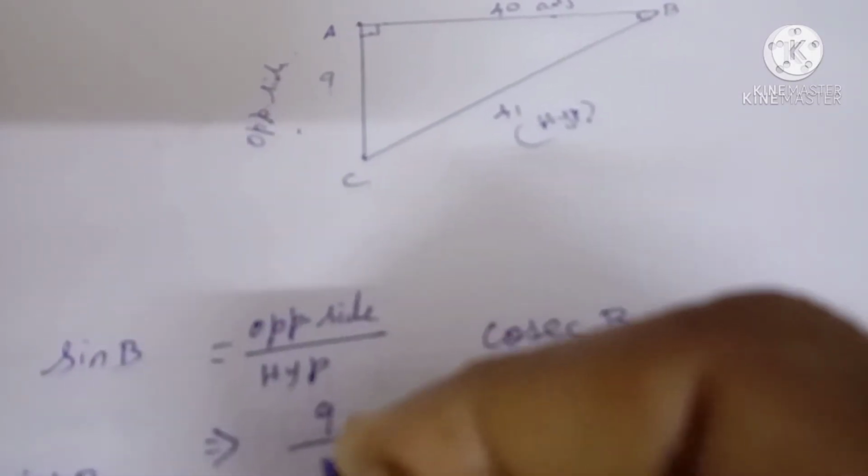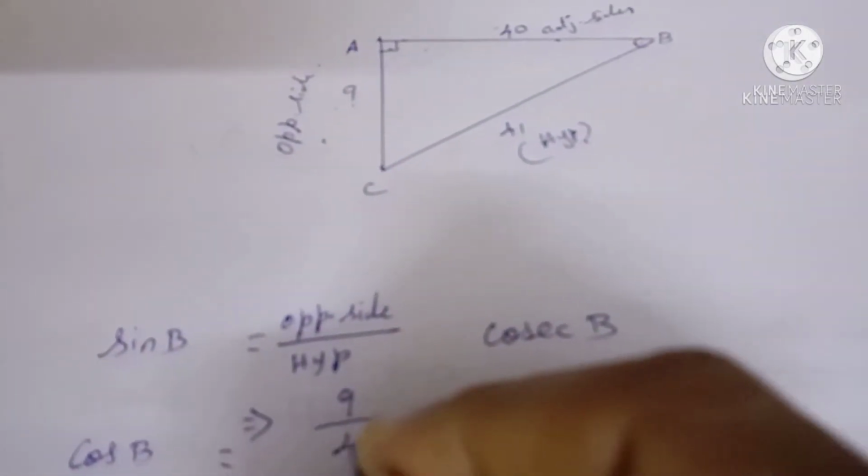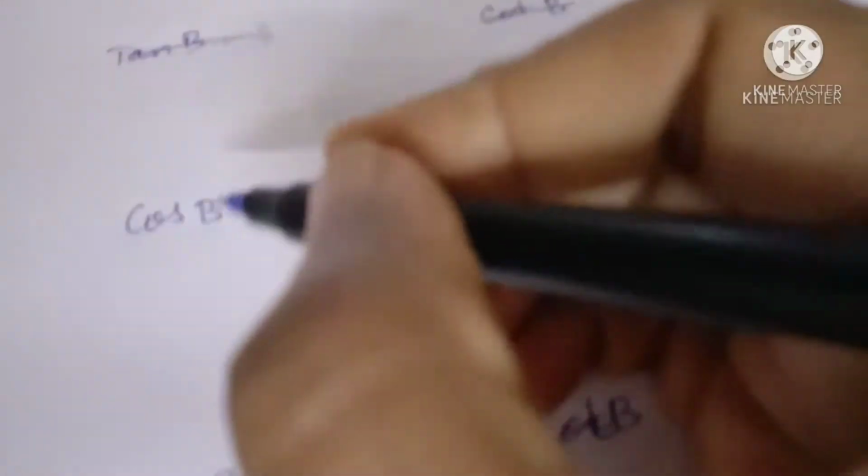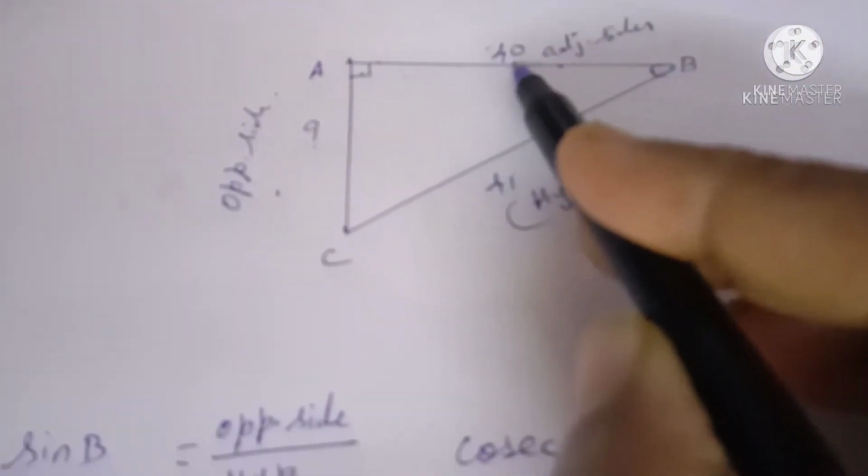Now sin B. Sin B is opposite side by hypotenuse, which is equal to 9 by 41. Then cos B. Cos B is adjacent side by hypotenuse. Here the adjacent side is 40 and the hypotenuse is 41.